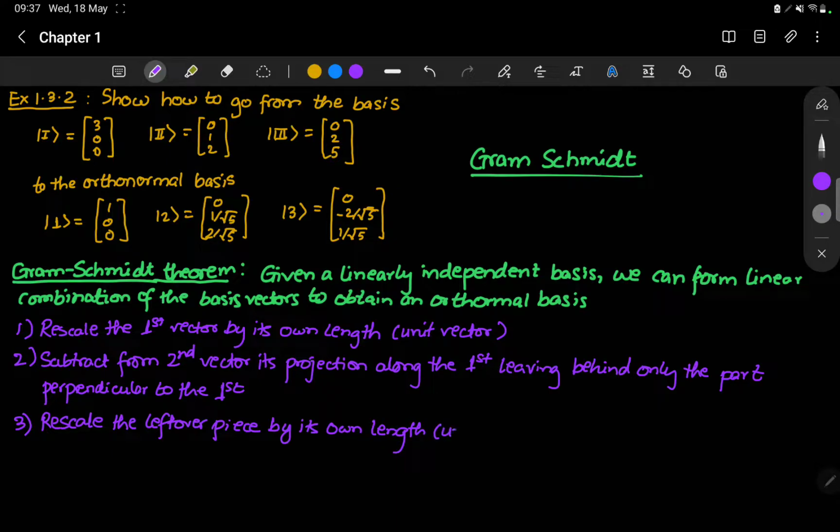So this rescaling again gives us a unit vector. So this is the second basis vector of the orthonormal basis that we are supposed to obtain. And then you continue this process.